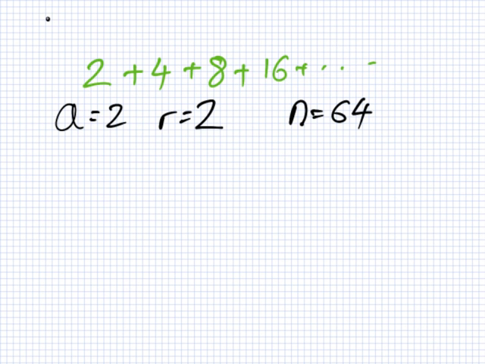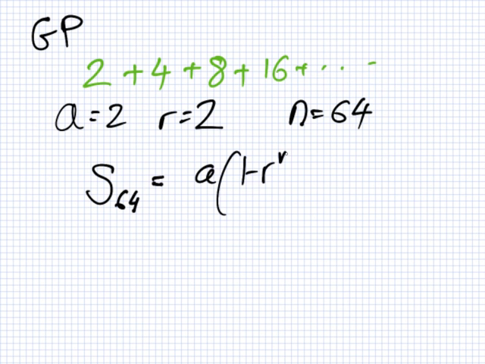AP or GP? GP. So you want the sum to 64. Yep, a(1 minus r to the n) over 1 minus r. Oh, 1 on the first, okay.